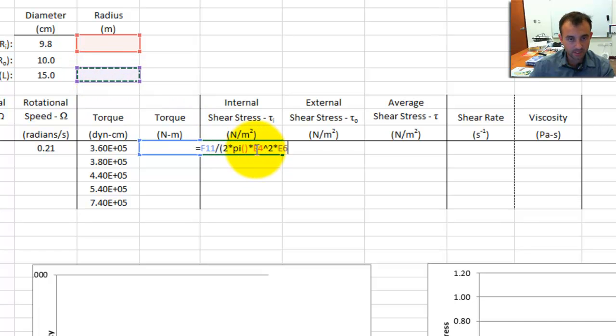Now keep in mind that since I'm going to expand this, drag this to the rest of the measurements, it's better to lock it down. So I lock down the number which corresponds to the rows.